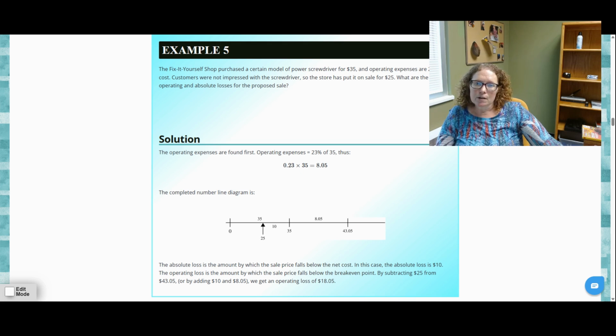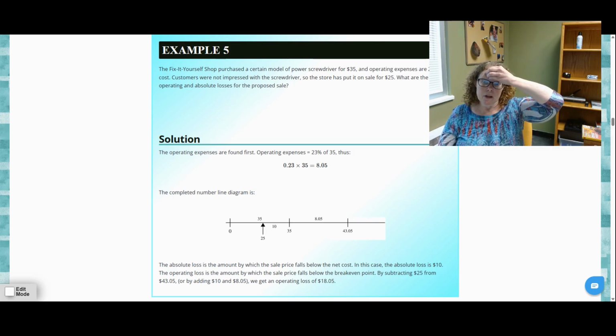The operating expenses are 23% of that $35, so it was $8.05. We paid $35 plus the $8.05, so we've got $43.05, and you can see that on that number line right there.